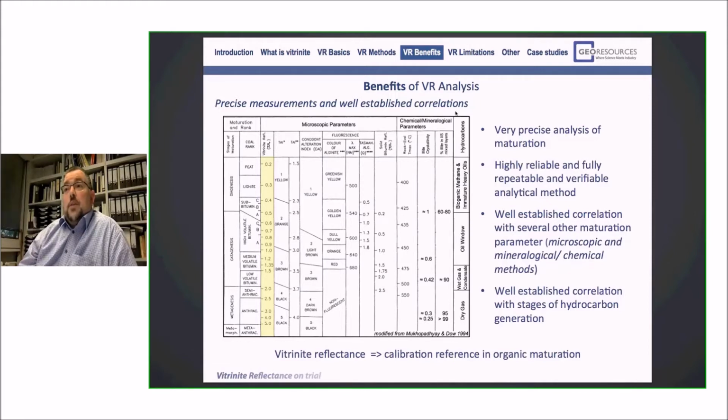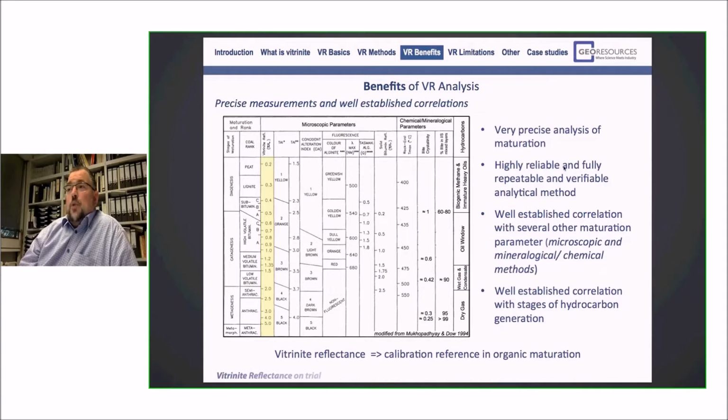So this is a big point for vitrinite reflectance. You can do very precise analysis of maturation. You can measure exactly how much you want: one number behind the dot, or 2 or 3 or 4 or whatever you need. So it's up to you how precise you want to analyze.